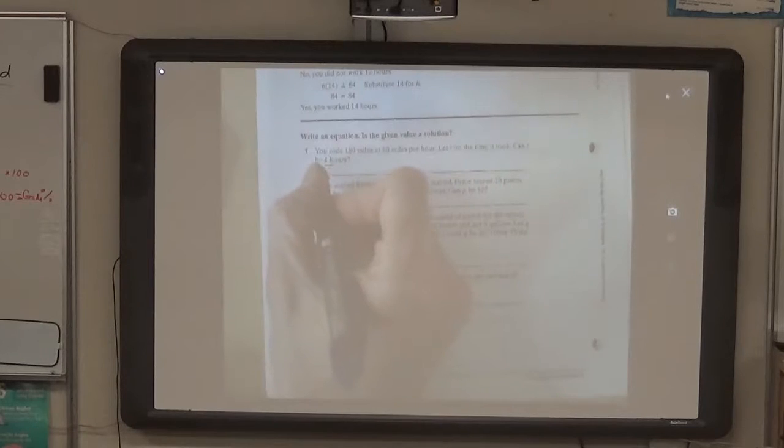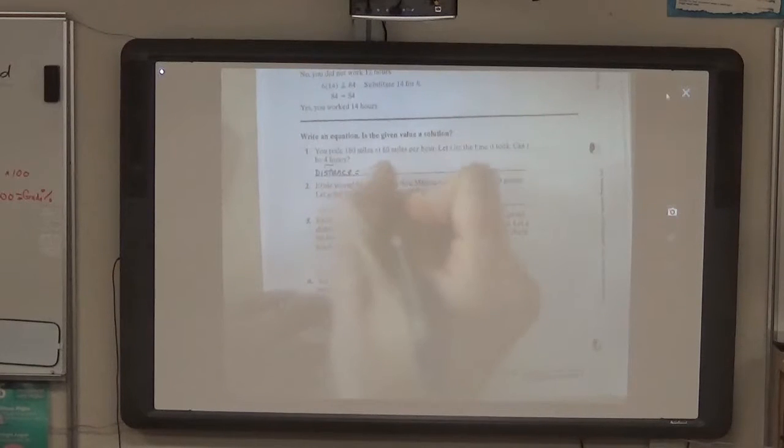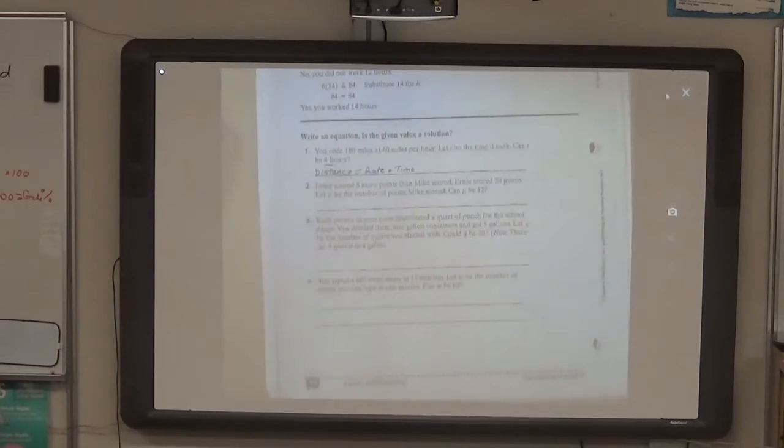So, write this next to this one. Distance equals rate times time. Distance equals rate times time. This is a really important science formula. Distance equals rate times time.